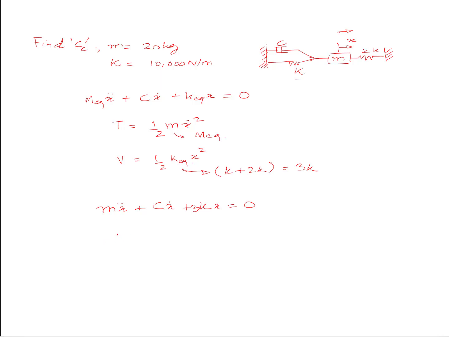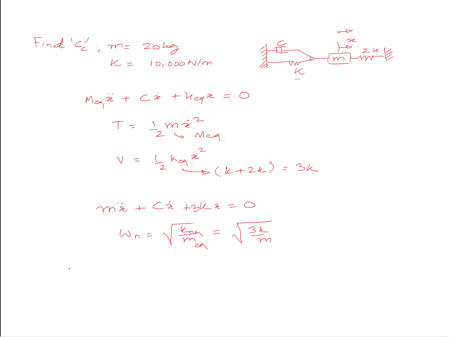Then you can easily find the natural frequency of the system, which is equal to the square root of k by m, and in this case the equivalent k is 3k, so this is the square root of 3k by m.